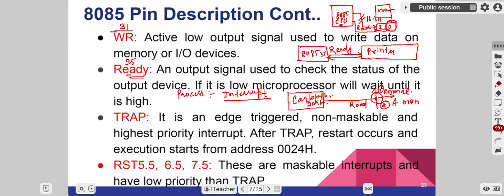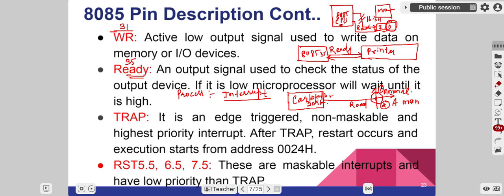Manufacturer means the software designer, the operating system designer of that microprocessor. So for interrupting that particular microprocessor, it has some definite set of hardware pins available on the pin diagram. It also has some software interrupts available.